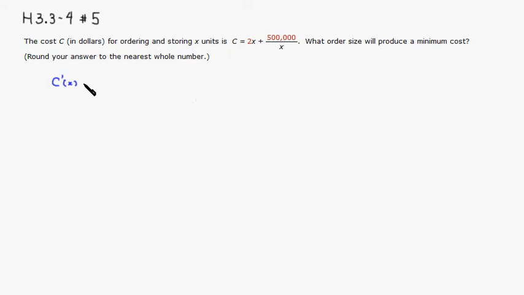First, I don't like fractions, so I'm going to rewrite this as 500,000 x to the negative 1. The derivative of 2x with respect to x is just 2.